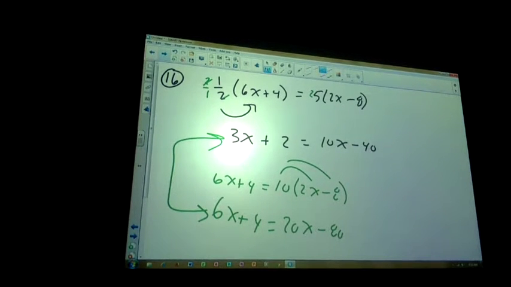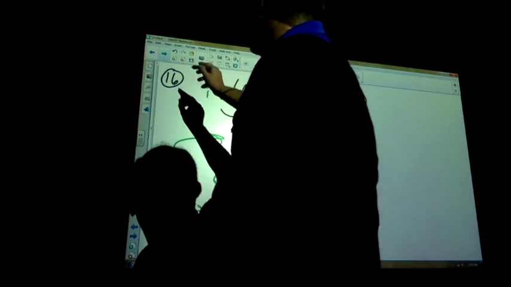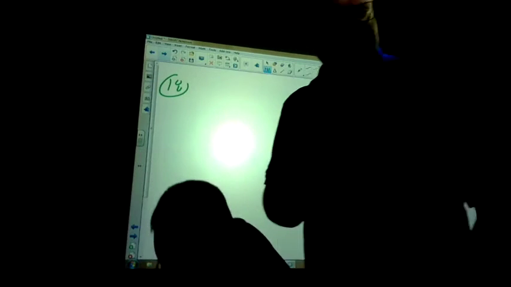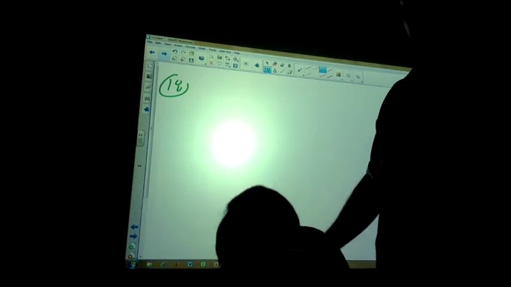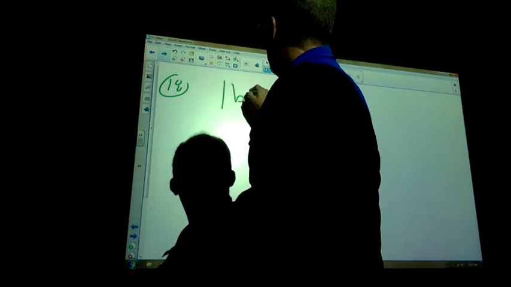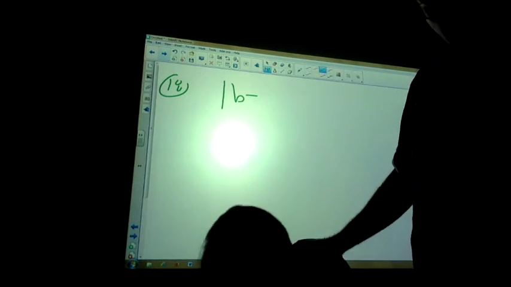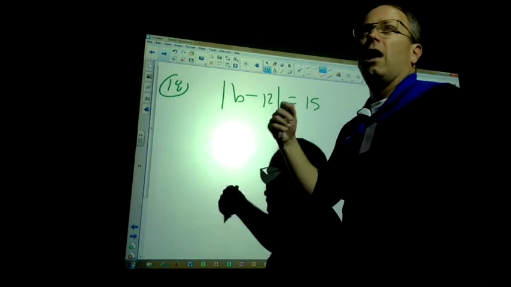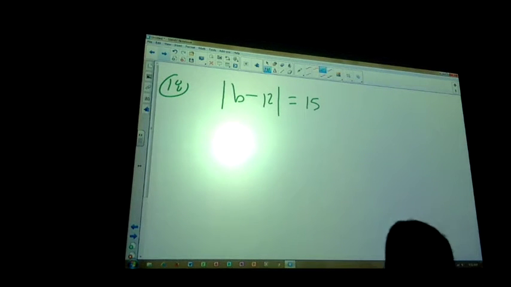Okay. Let's go to number 18. A couple of you guys struggled with the absolute values. Again, we're only going to create this on one side. So is that b minus 12 equals 15? First off, it's an absolute value, so how many answers should we be thinking about getting? 2. Everyone feel okay with that?